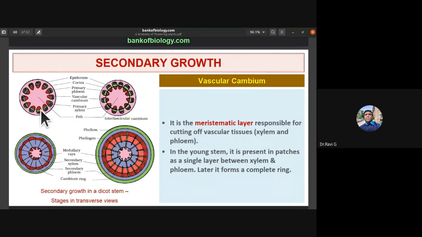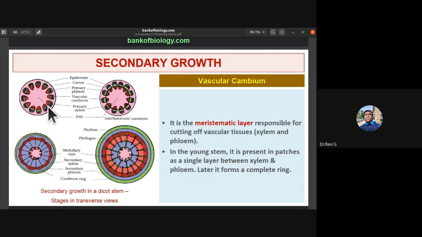So remember that some of the parenchyma cells in between the medullary rays de-differentiate to form interfascicular cambium. So they are going to form a complete ring: intrafascicular cambium and interfascicular cambium.